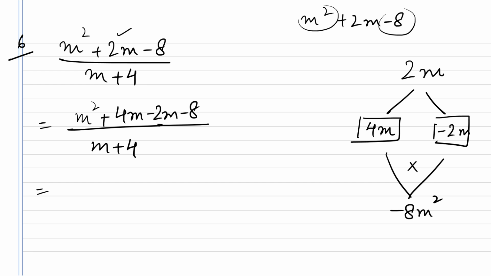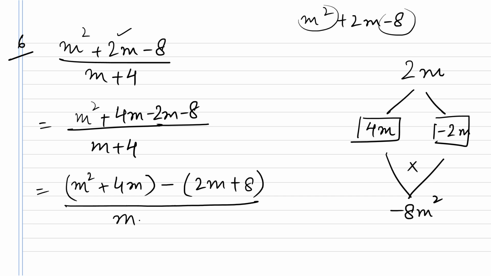Group the terms. I have 4 terms. So m square plus 4m is my first group, and the last two terms is my second group, and the denominator is this. You must be wondering that this minus suddenly became this plus.